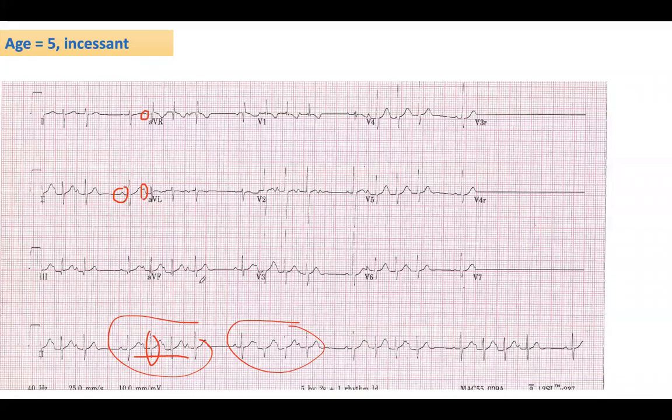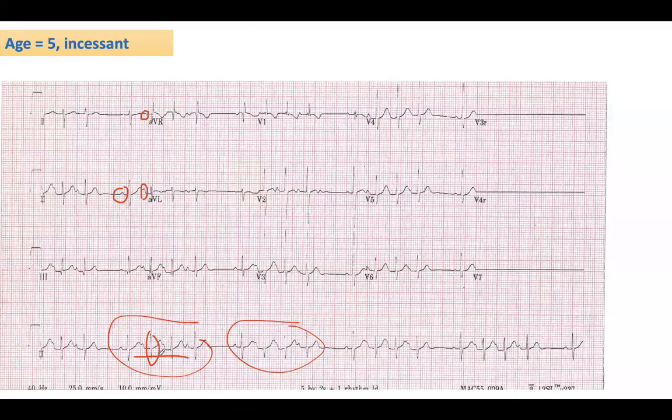So such a pattern where it's bursty and slightly irregular, and the P wave axis is suggestive of not PJRT or atypical AVNRT, then this is atrial tachycardia until proven otherwise. The fact that it's slightly irregular and bursty is suggestive of a focal mechanism rather than a reentrant mechanism.